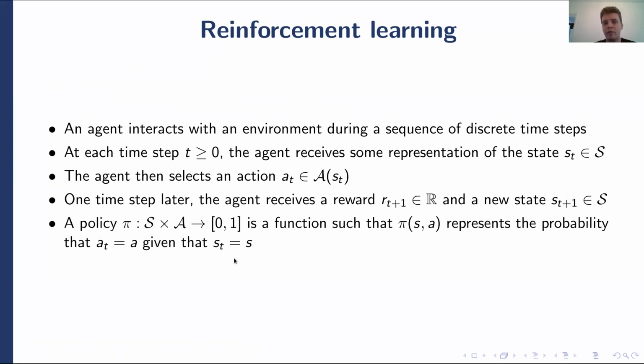Now there's a very important element that I did not make explicit yet, and that element is the policy pi. So a policy, denoted by pi, not to be confused with the circle constant.